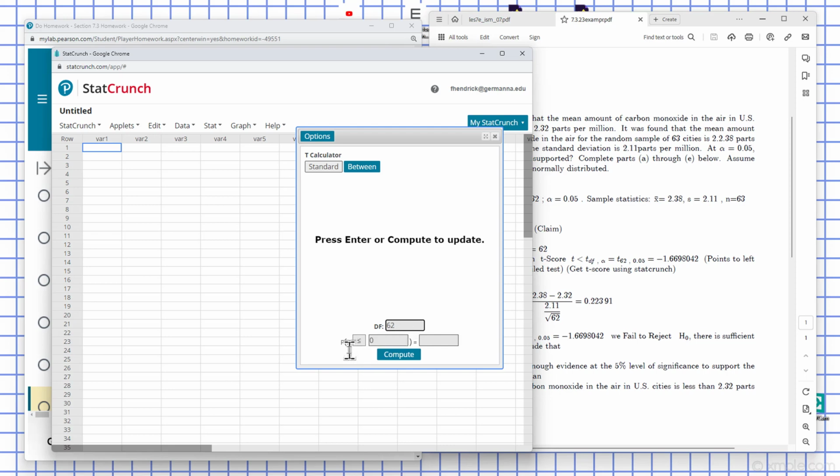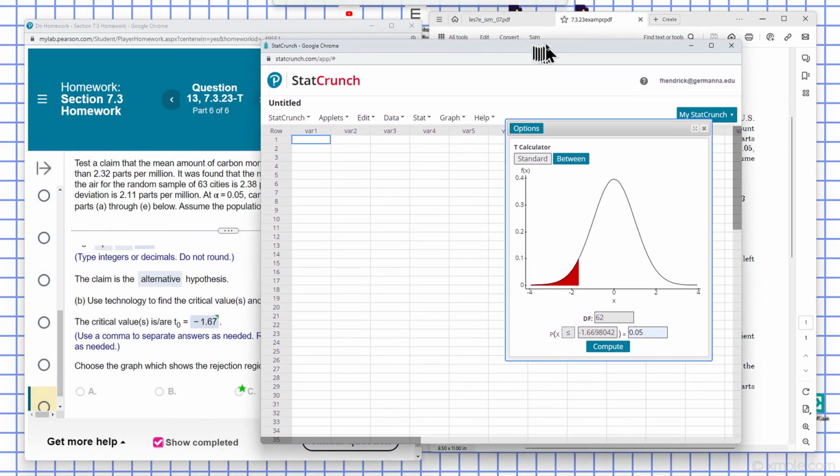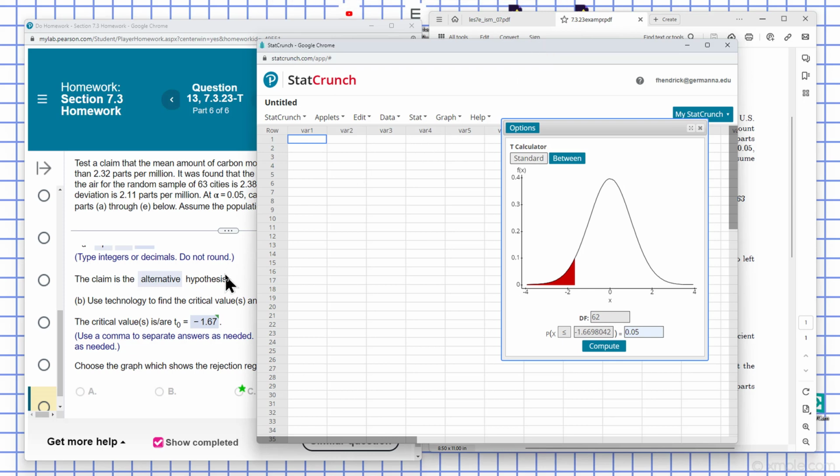We go pointing to the left-hand side, and I add the significance here, 0.05. Tap on that, and it gives us our critical value, which is a negative 1.669. And there's the critical value rounded to 2 decimal places.